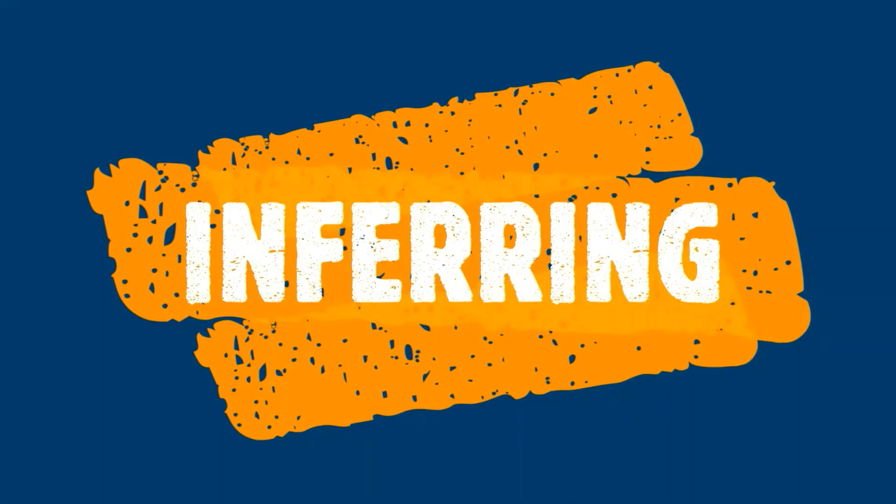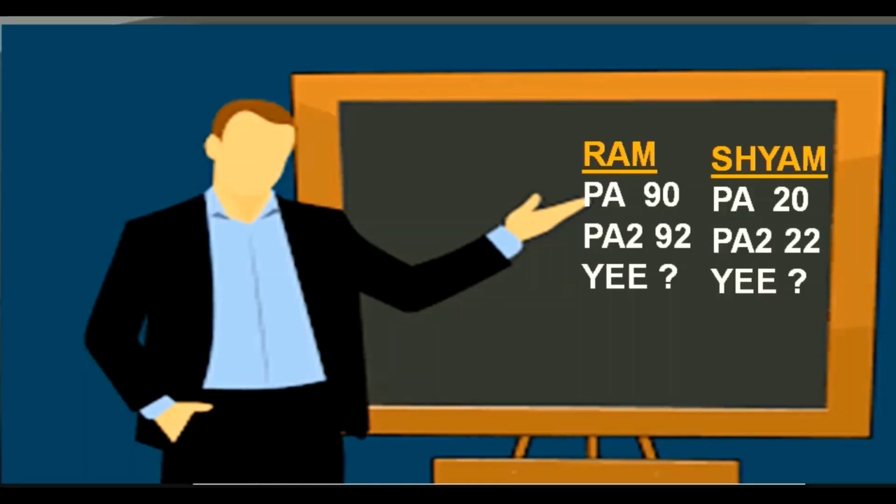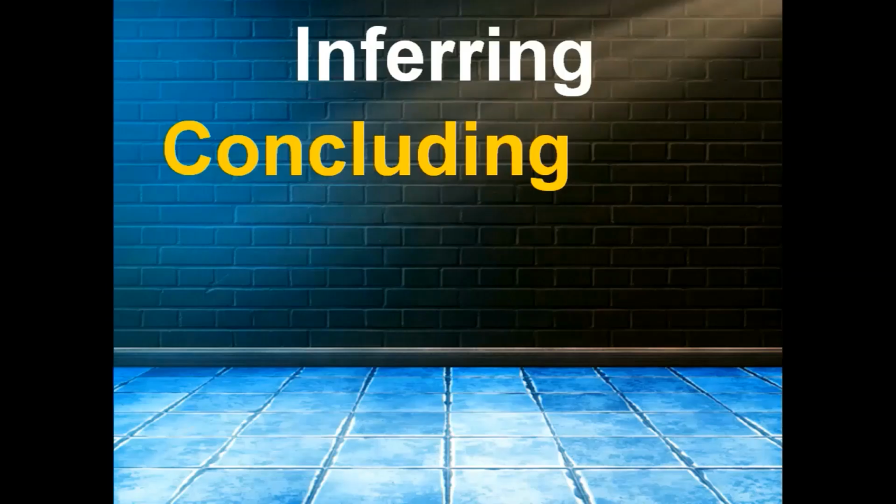Inferring, drawing a logical conclusion from the presented information. For example, a teacher can figure out the result of the final assessment of a student from his past performances. So it is the process of figuring something out through reasoning.